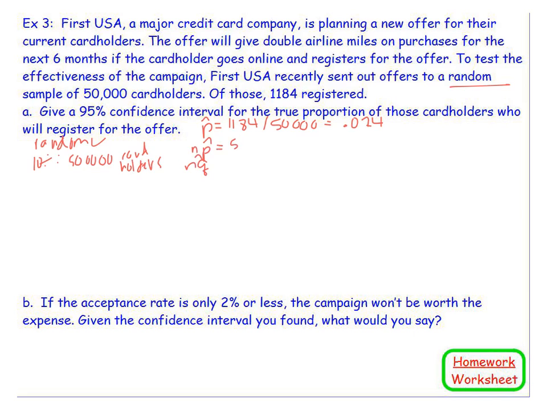So now we can calculate np hat and nq hat. We're going to take 50,000 times 0.024, and I end up with 1,200.